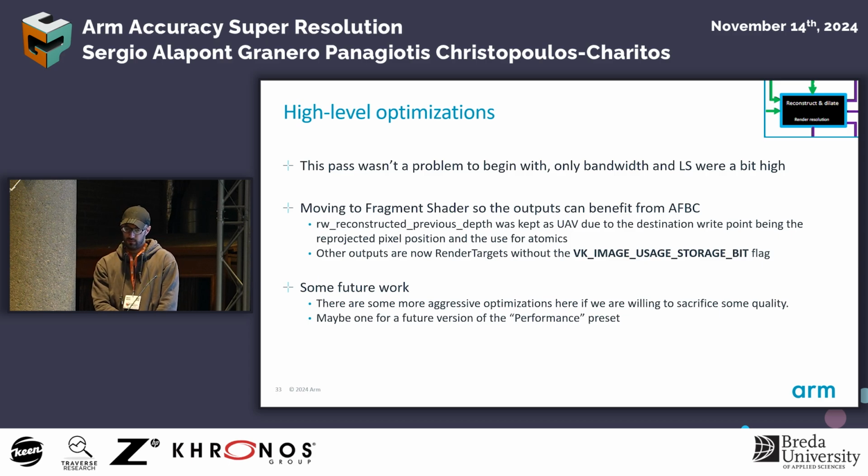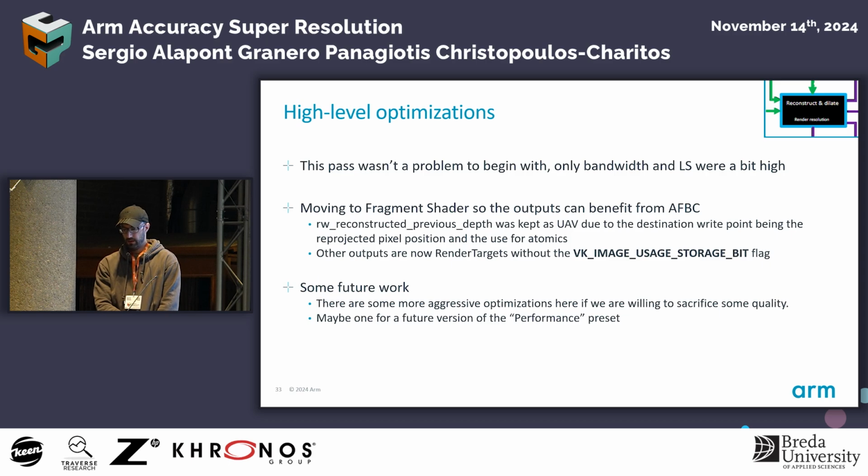So UAVs, also known as storage images in Vulkan, disable FBC. So writing textures from compute will not give you FBC's benefits. So in other words, if you set the storage bit in a Vulkan image, it will flat out disable FBC.